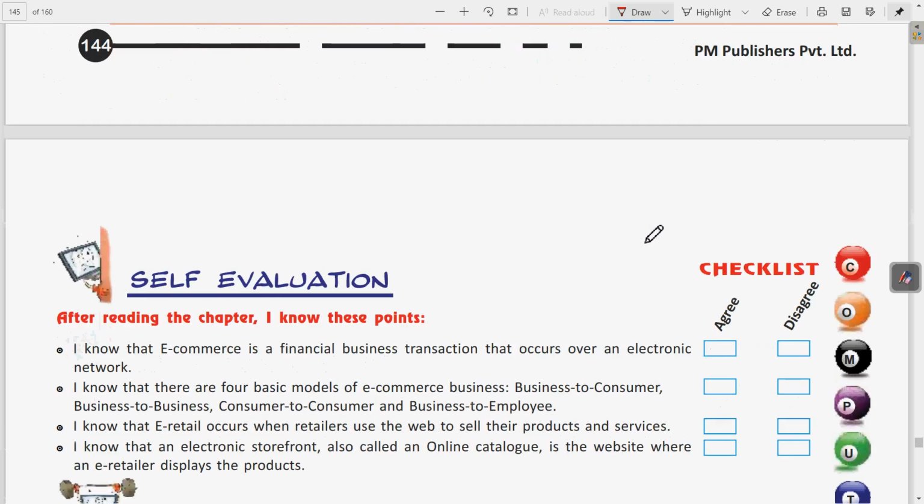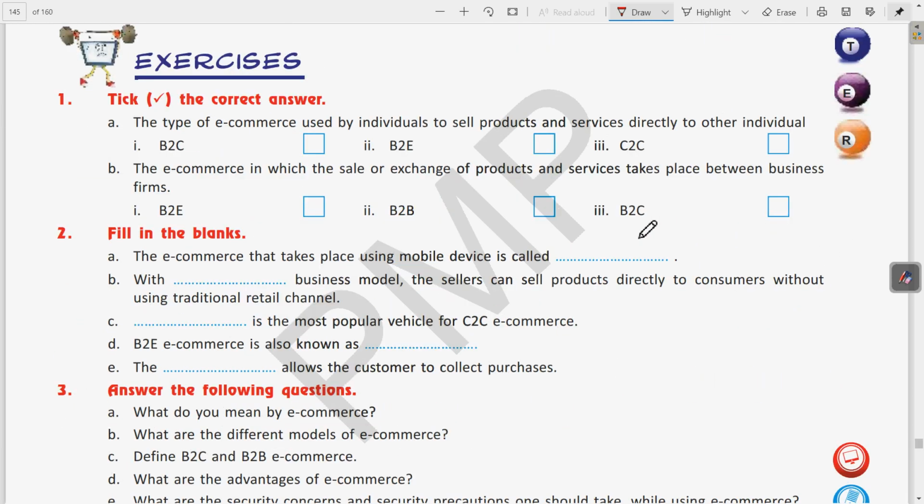Next are the exercises. I hope you have tried to do a few of the exercise questions in this chapter. Now if we see a few of the questions, the first question is: the type of e-commerce used by an individual to sell products and services directly to another individual. Here it is talking about one individual selling goods or services to another individual.